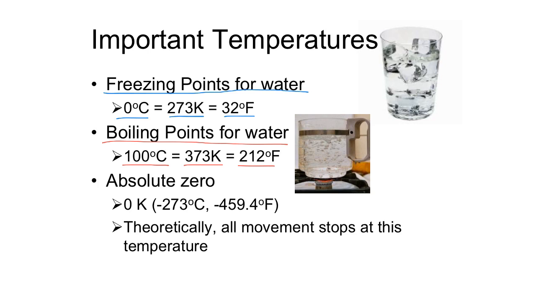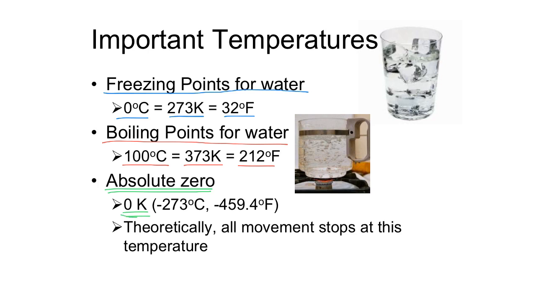Now we have this other thing called absolute zero. Absolute zero is 0 Kelvin. So I said on the previous slide that your Kelvin temperature can never be negative. Temperature goes along with kinetic energy. Higher temperature, greater kinetic energy means molecules are moving faster. Lower temperature, less kinetic energy, meaning the molecules are moving slower.